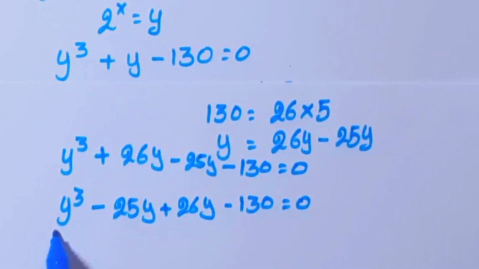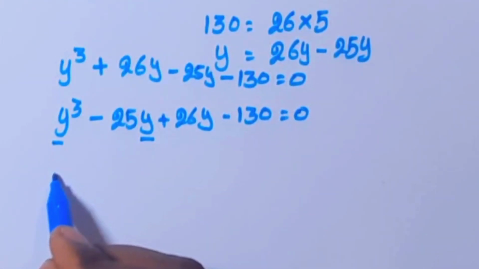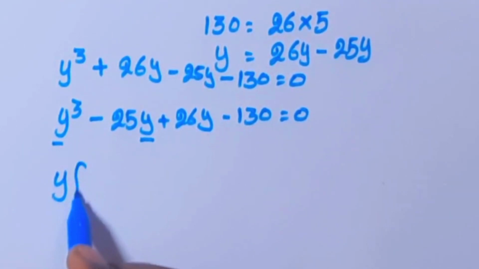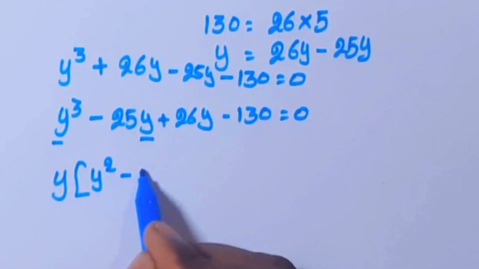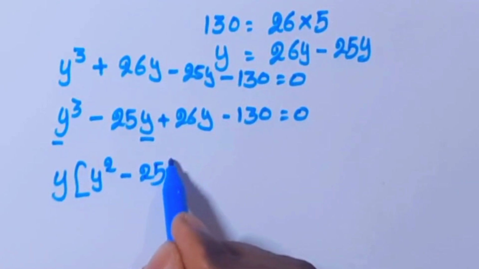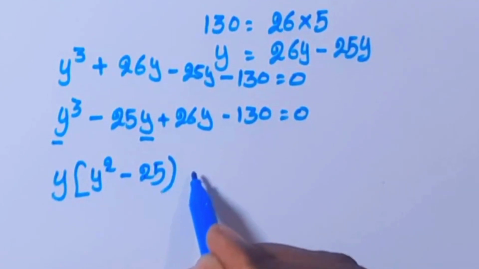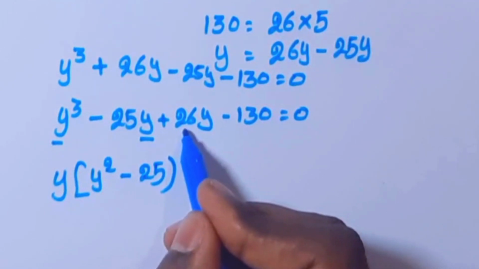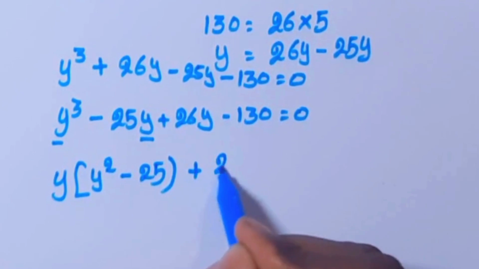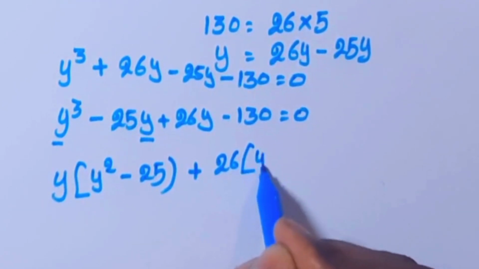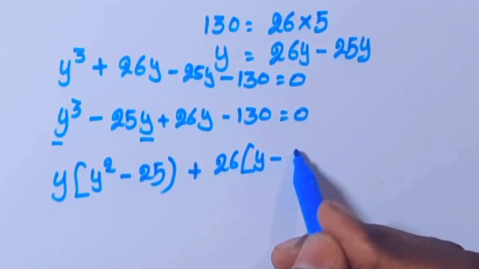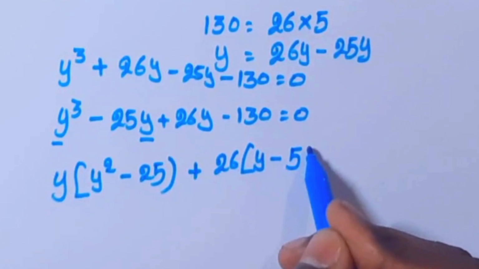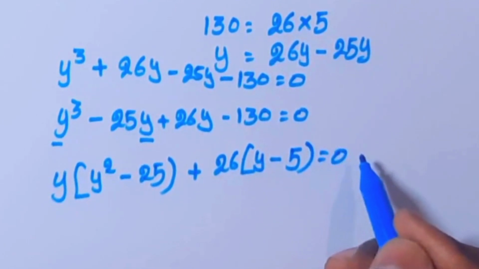Now we are going to take y common from this. So y open bracket, the remaining y square minus 25, y goes out. Close bracket plus here we are going to take 26 common, 26 open bracket y minus, here we know that 26 times 5, so y minus 5 equal to 0.